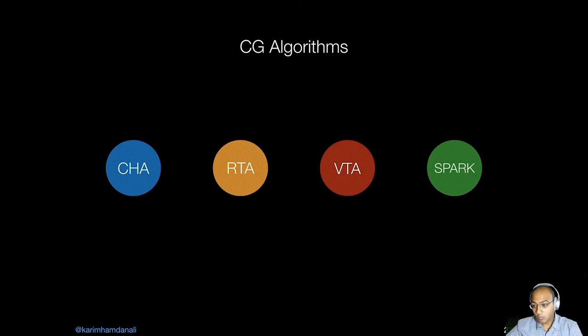So to work around all these conservative algorithms, unsound algorithms, and incomplete solutions, we are going to discuss in our lecture in the next couple of minutes, and most probably continue for the vast majority of it on Tuesday, various call graph algorithms that have an increasing level of precision.